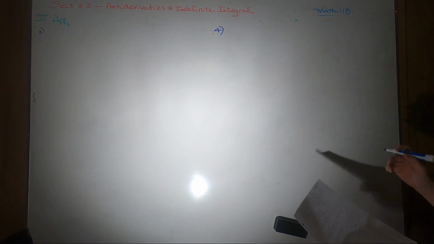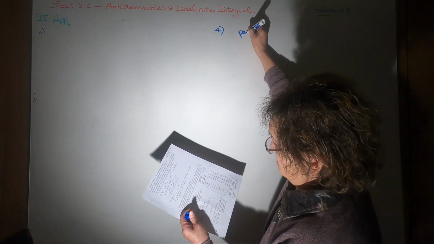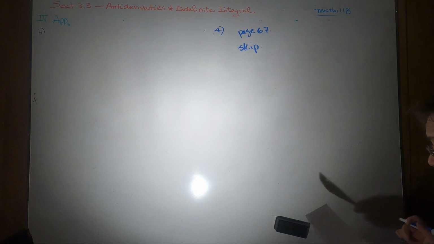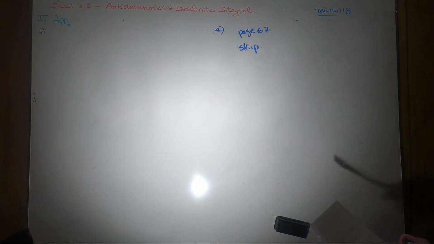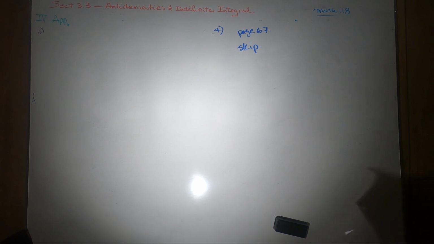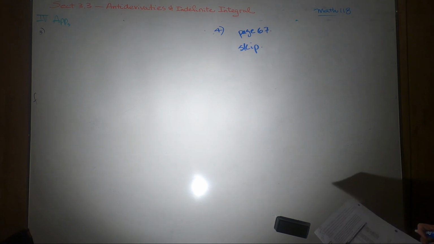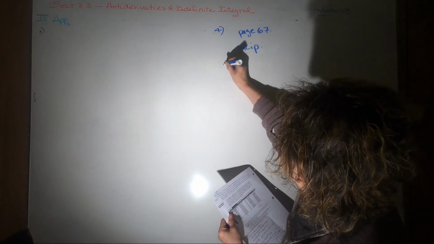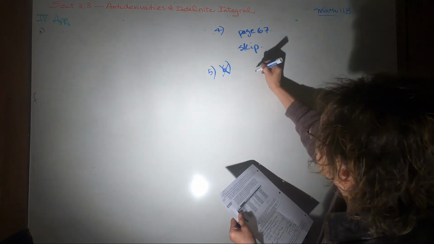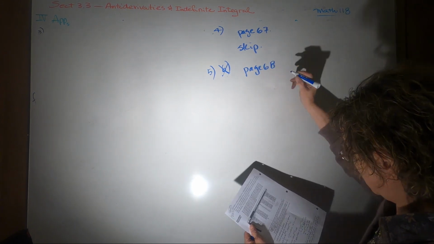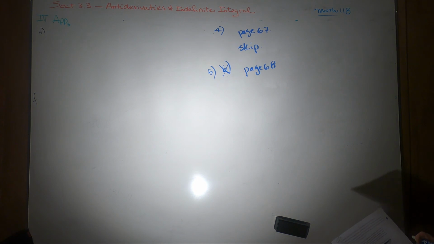For example 4, page 67, that's a skip. That question is very confusing. And look at page 68, supposed to be example 5. On page 68, you can take a look, and everything is written down.